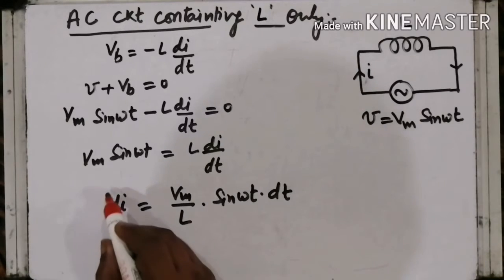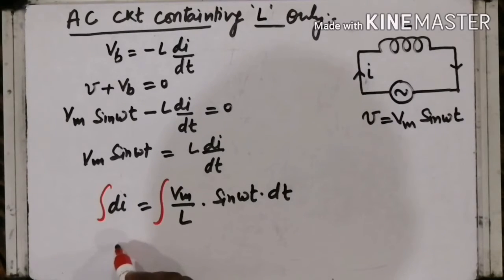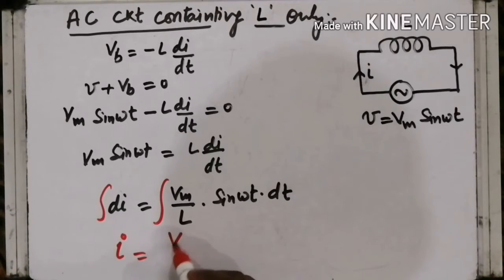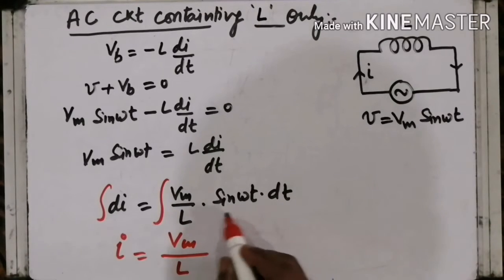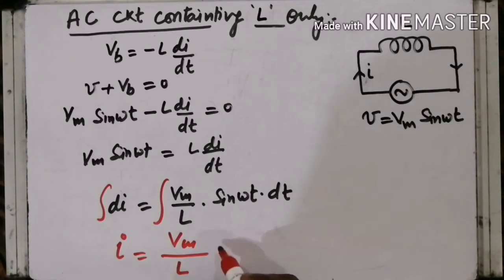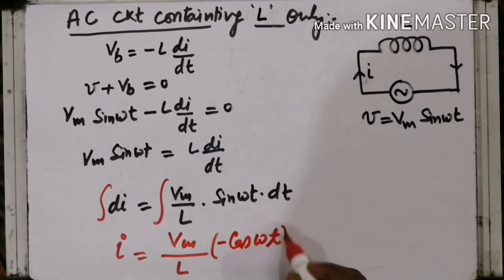Now integrate. It becomes I equal to Vm divided by L, times the integration of sin omega t, which is minus cos omega t into 1 upon omega.